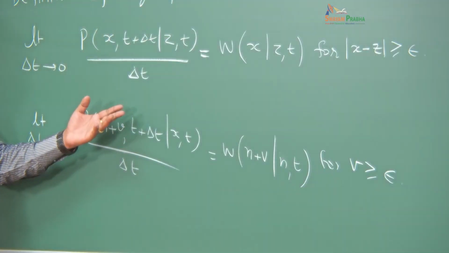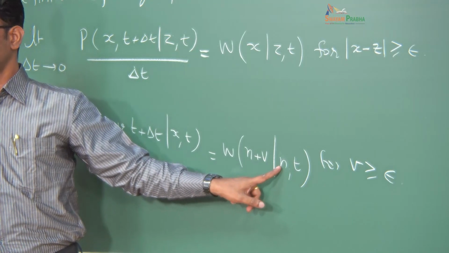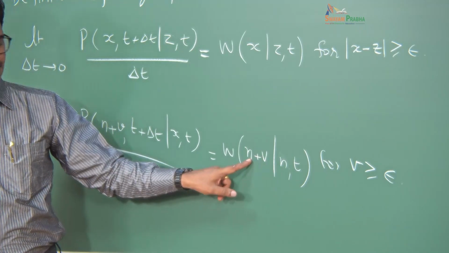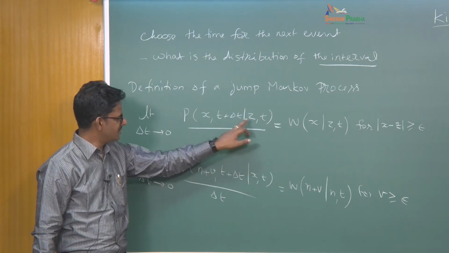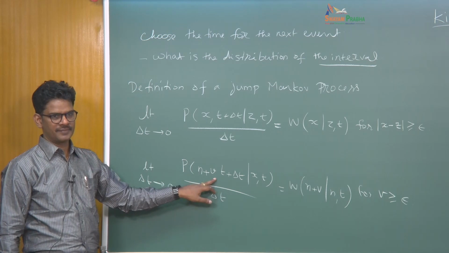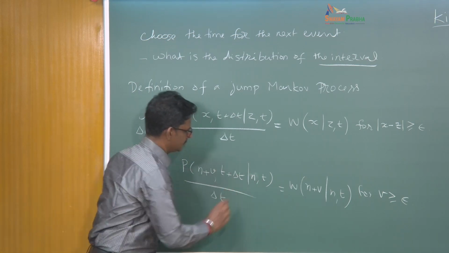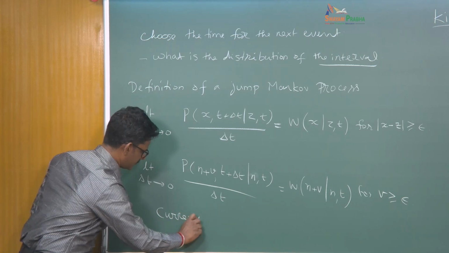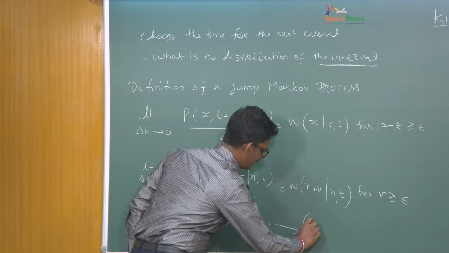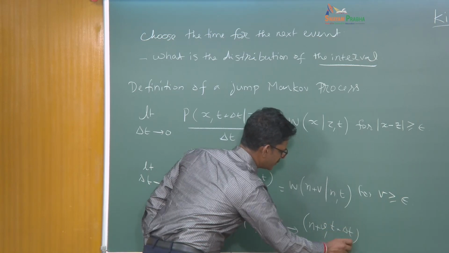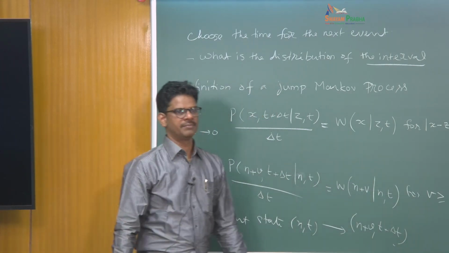Accordingly I have substituted x equal to n, which is a state variable right now. Think of n as the number of reactant molecules in a particular reaction mixture, and it goes from n to n plus nu. This nu is the displacement change from one state to the next. So the current state is n at time t, and this goes to n plus nu at time t plus delta t, where nu is sufficiently larger than some small number.